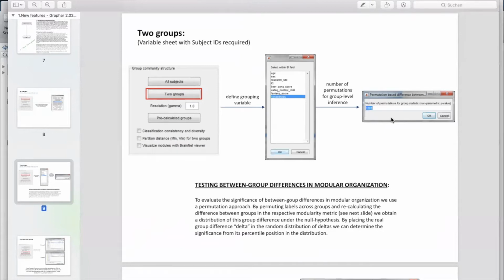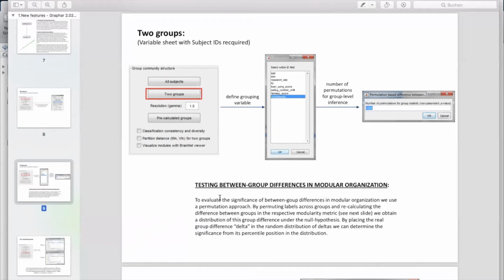And this is similar to the non-parametric tests, basically by means of ID shuffling that we run for the GLM, because this enables you to get a significance value, let's say for Q, which is the quality function of the modular decomposition, by putting the real difference in Q between two groups in the permutation distribution of differences of randomized groups.